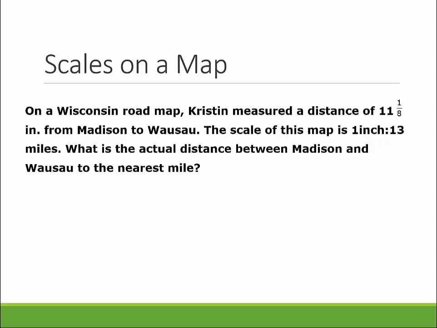So we can set up our proportion. She measured a distance of 11 1/8, and instead of writing that fraction 1/8, I'm going to write it as a decimal, which is 11.125. I don't know the actual distance, so let's make it x. But I know that the map tells us that 1 inch is the same thing as 13 miles.